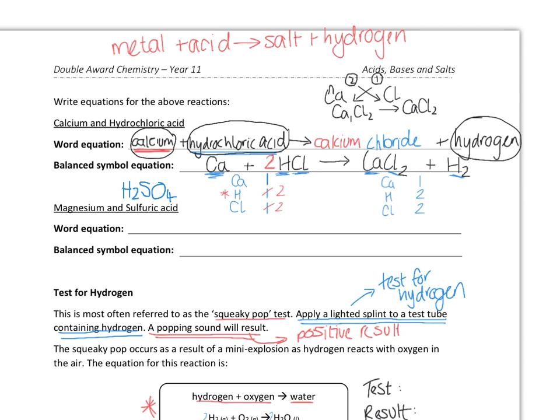It is on your previous page and you should learn that. So hydrochloric acid is HCl, sulfuric acid is H2SO4. So pause this video now while you try and write that equation, and then we'll go over it.